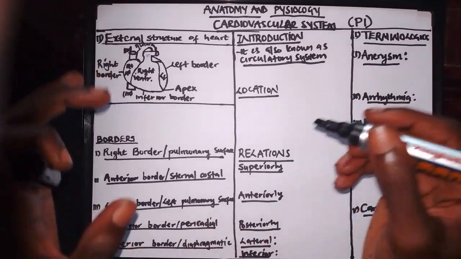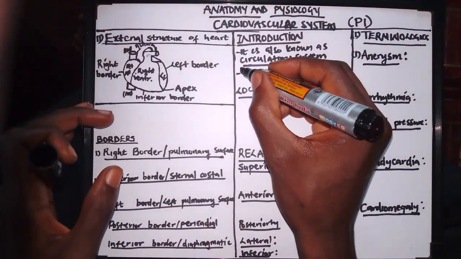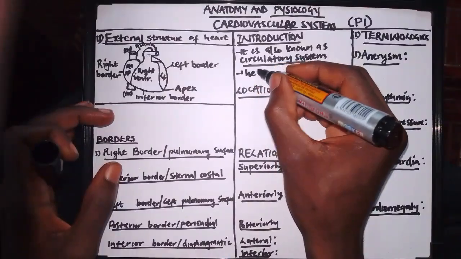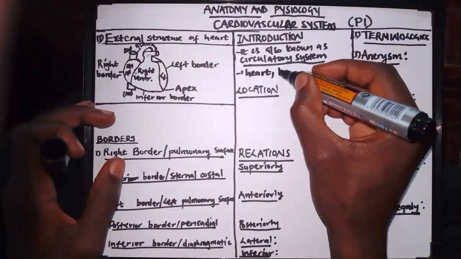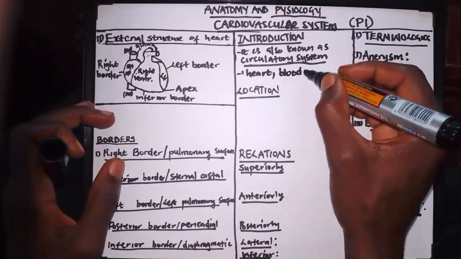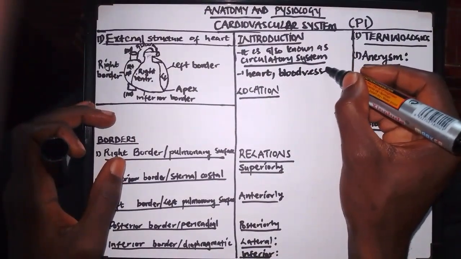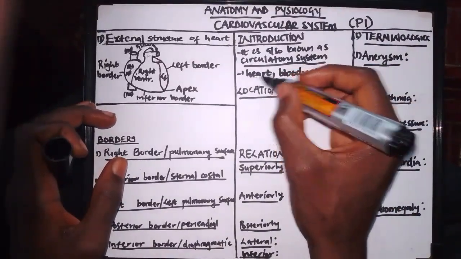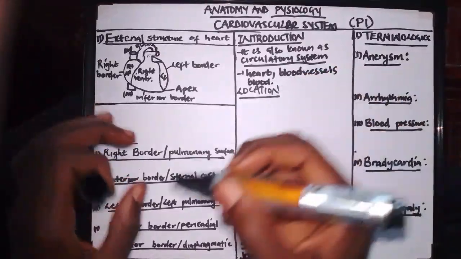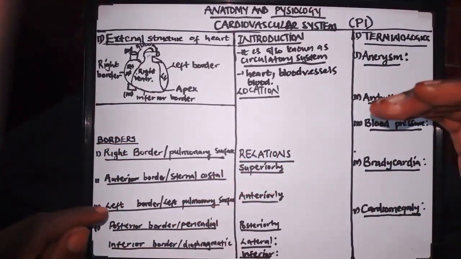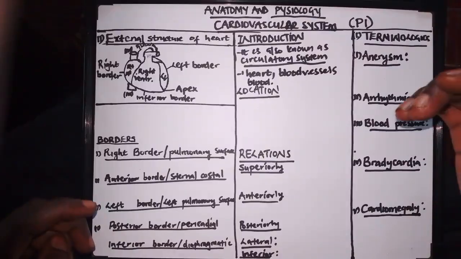So the cardiovascular system consists of the heart, blood vessels, and also what? Blood. So the cardiovascular system basically consists of three things.